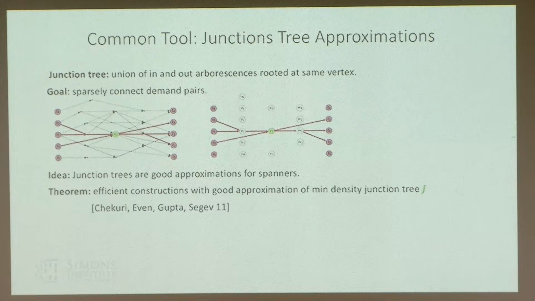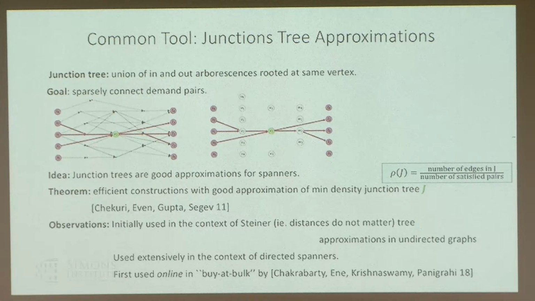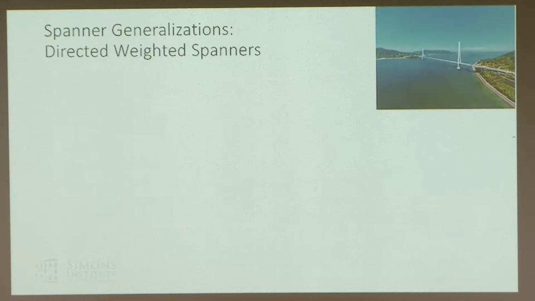Okay, there is the work of Chakrabarty, Ene, Krishnaswamy, and Segev, where they show that junction trees with small density can be efficiently computed. And these are tools that we use again and again. The question will be, what exactly is the definition of junction tree in our specific approaches?